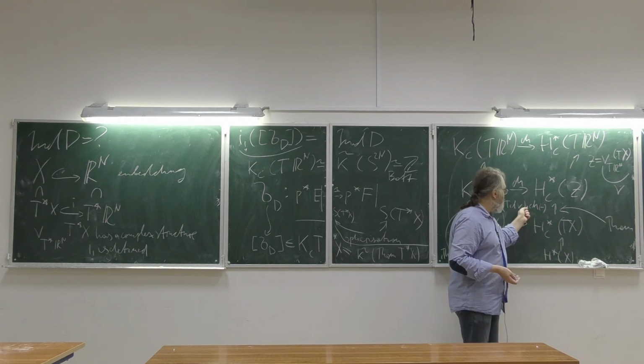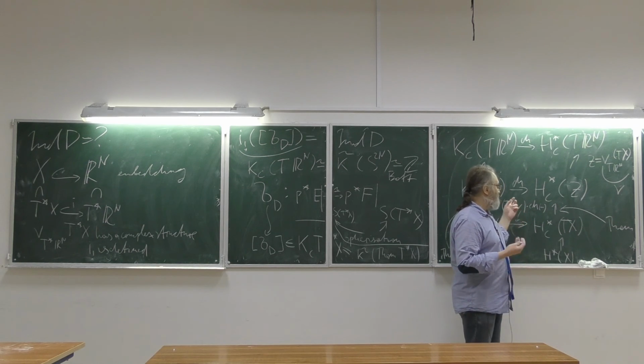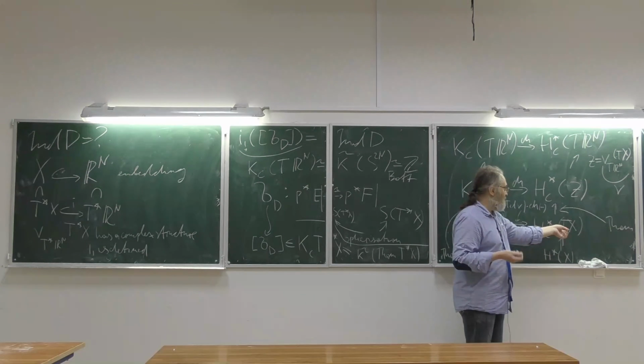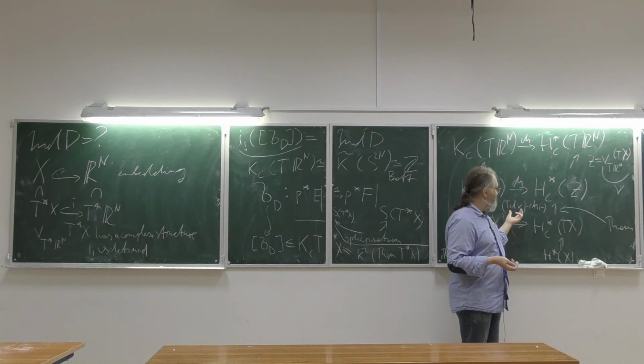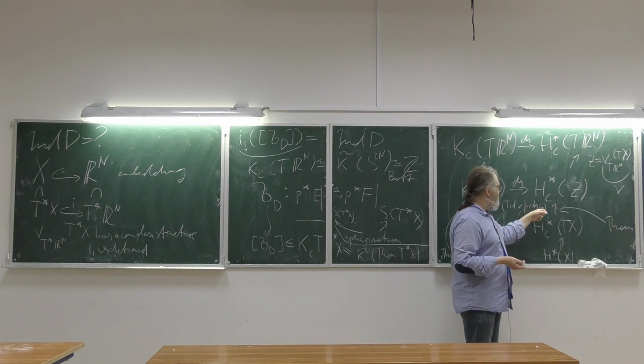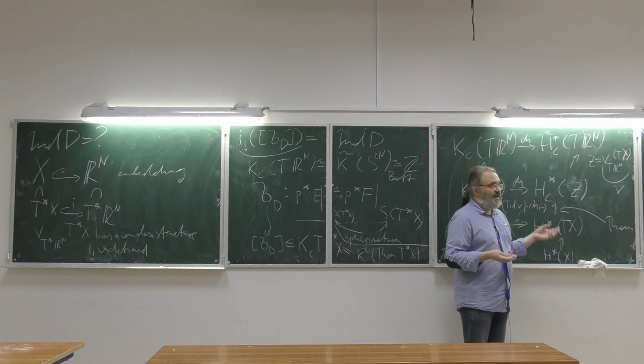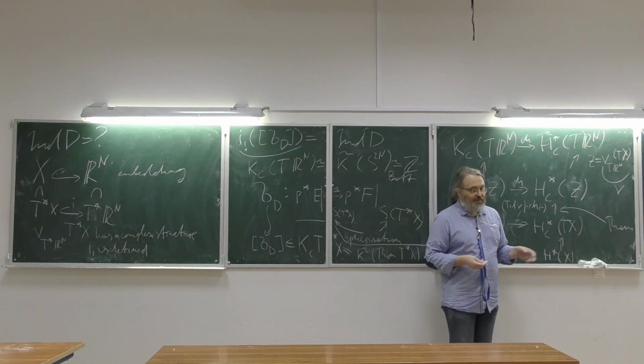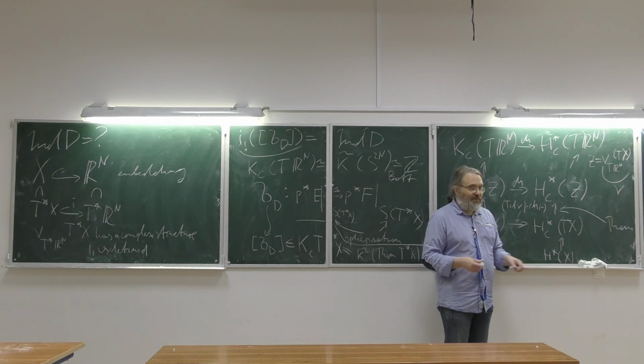The Todd class of nu is an element of the usual cohomology of Tx, and I take the Chern character, times the Todd class. We don't know what the Todd class is any more than we know about the Chern character, but we'll talk about both.